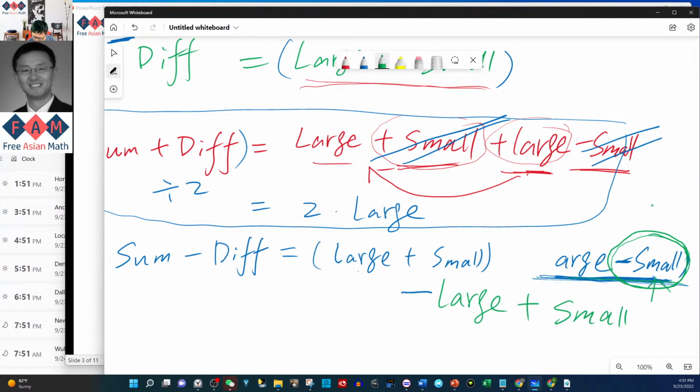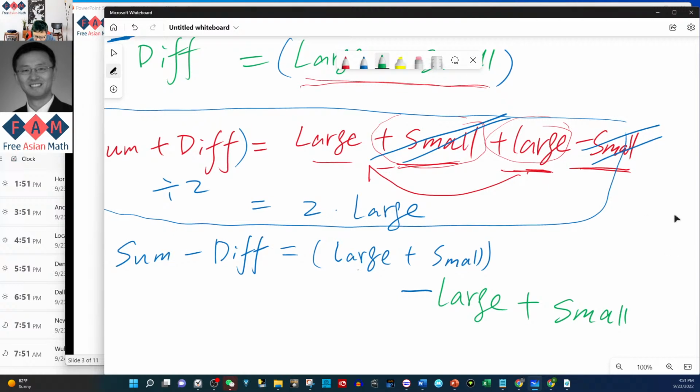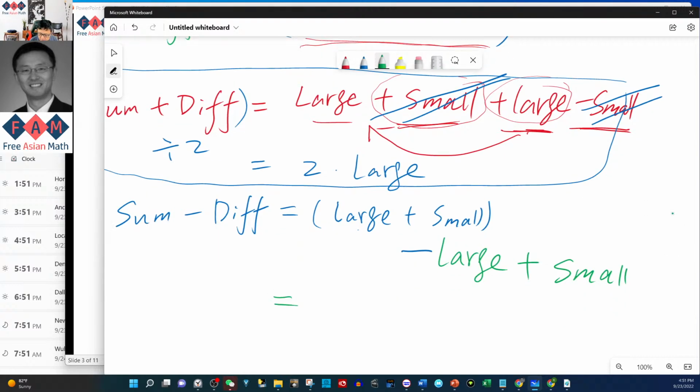So we replace this whole thing as this one. Now we see that this is large, this is large. They get canceled out with each other. So at the end, we get 2 small. That is exactly what we got earlier with the bars as the visual aid.